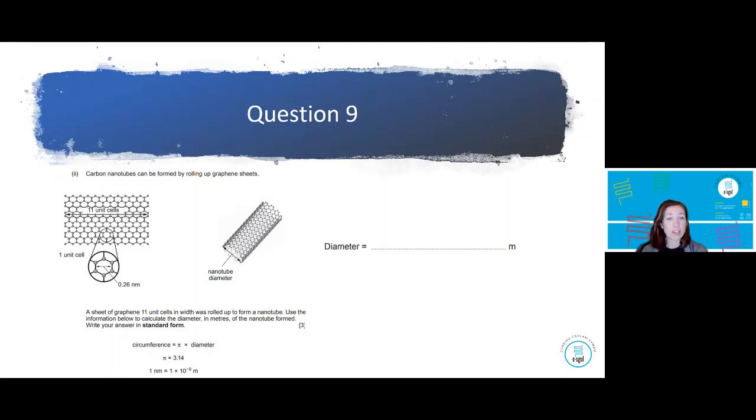Make sure you have a look at the diagram, which tells you what 11 unit cells are in width. And notice from that diagram, it tells you what the width of the 1 unit cell is.